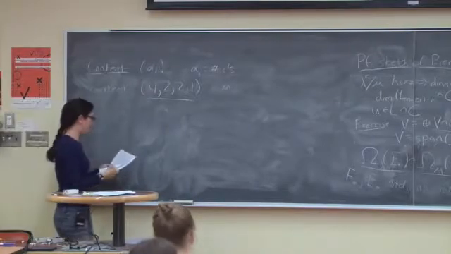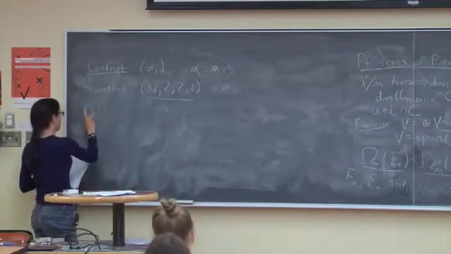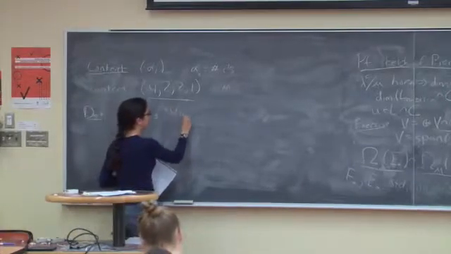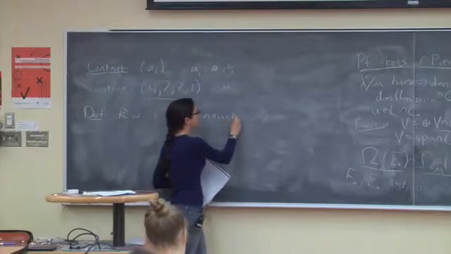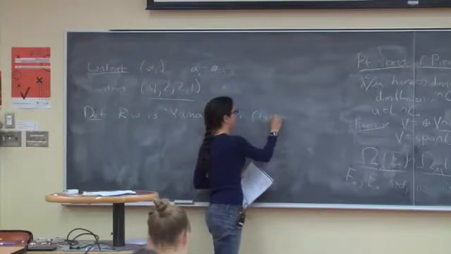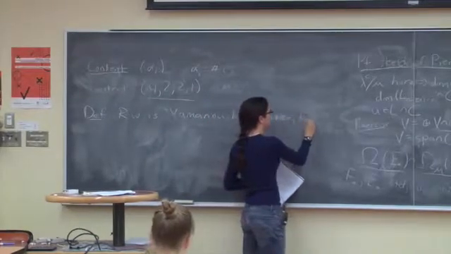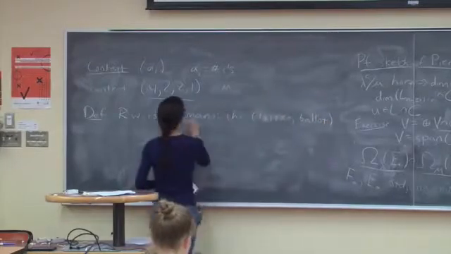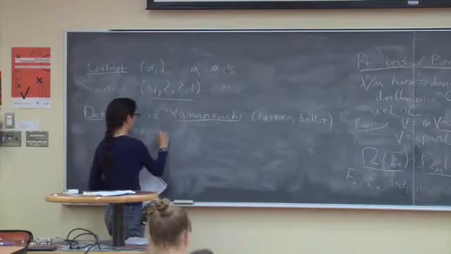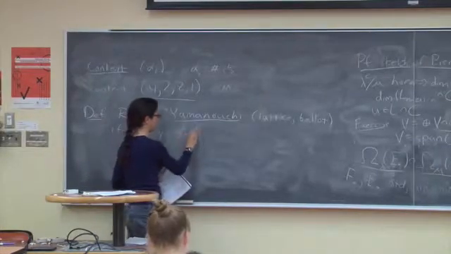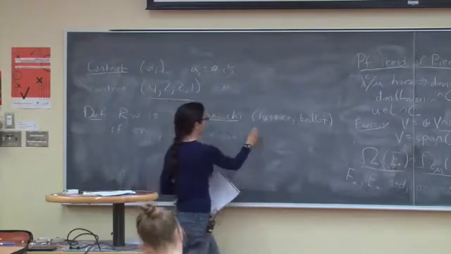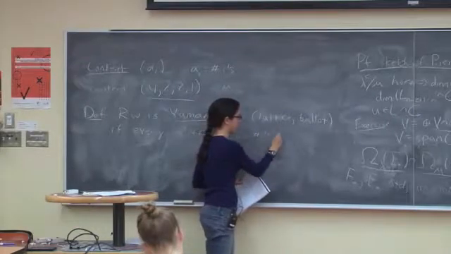And here's the big definition. The reading word is said to be Yamanouchi, which is also called lattice and also called ballot. So you'll see it all ways. It is Yamanouchi if every suffix has partition content, so every final substring or suffix of the word has partition content, meaning the number of i's is at least the number of i plus 1s.